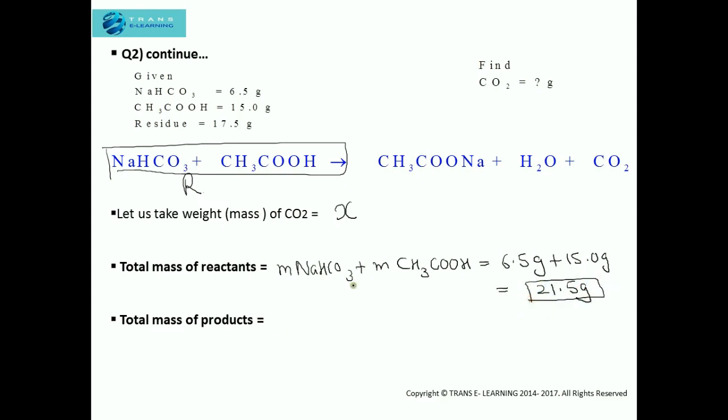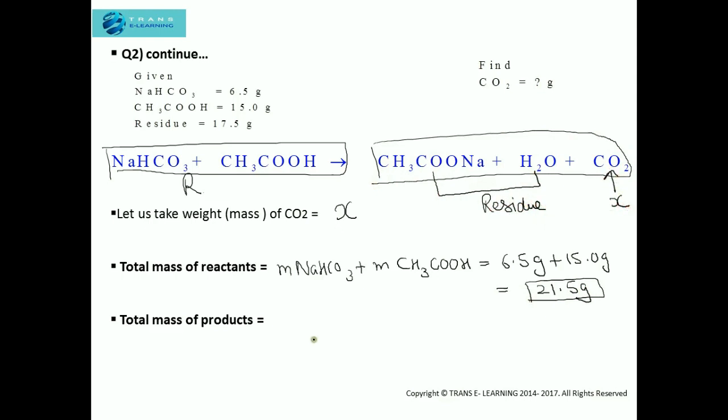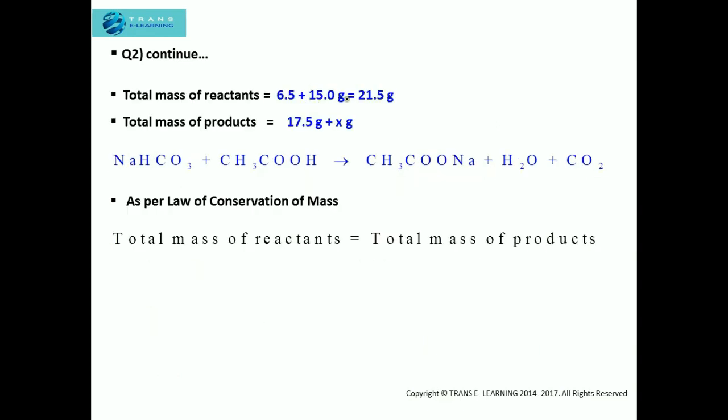And the total mass of products, these are the products, and this represents the residue and this is X. So the total mass of the products will be residue plus mass of carbon dioxide. The mass of residue is given as 17.5 gram. The mass of carbon dioxide I've taken as X gram. Now we know the total mass of the reactants and the total mass of the products.